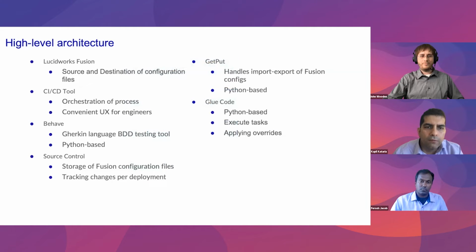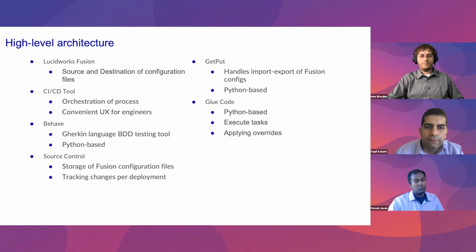There are a lot of processes involved behind the scenes to achieve this high level architecture. We are using CI/CD pipelines, running BDD test cases, and using source control. These are some common tools.